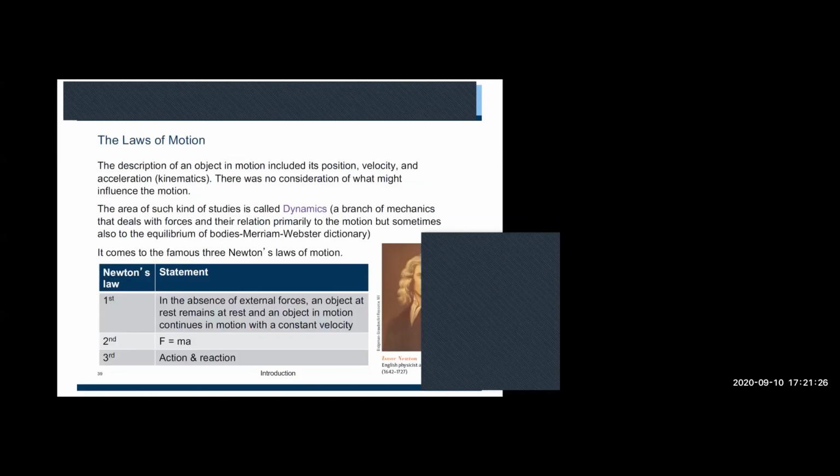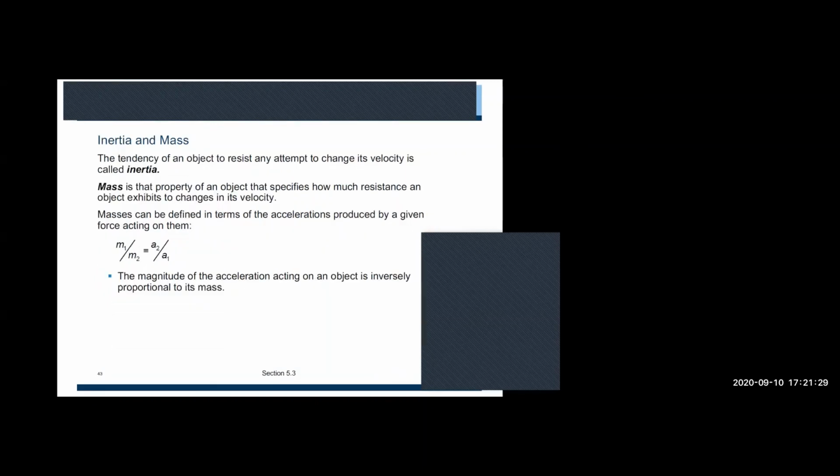So this is Newton's second law. I will probably answer the question about the difference between mass and inertia a little later. I should finish this slide first.